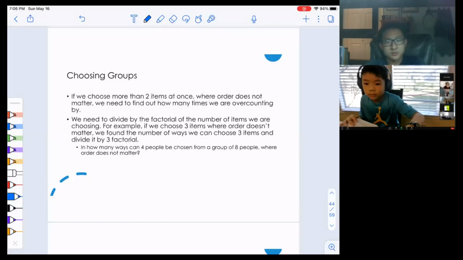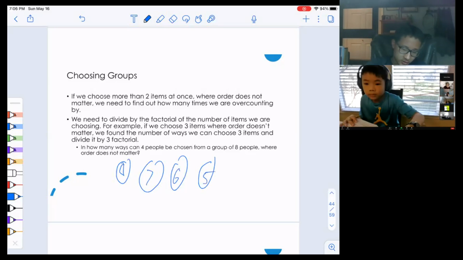So in how many ways can 4 people be chosen from a group of 8 people? Here we're going to start with the permutations approach again. I'm going to draw 4 spots, 1, 2, 3, 4, and find the number of ways by multiplying these together. So 8, 7, 6, and 5.